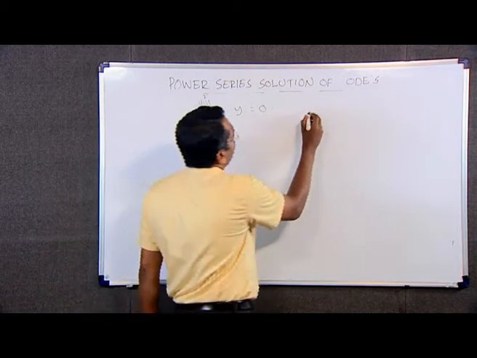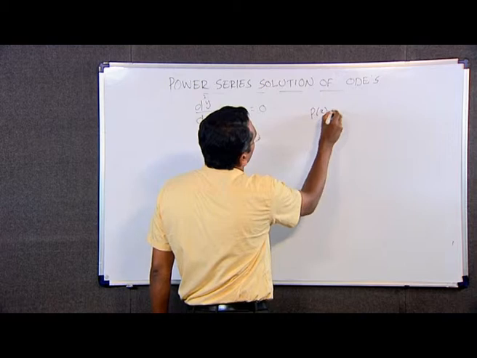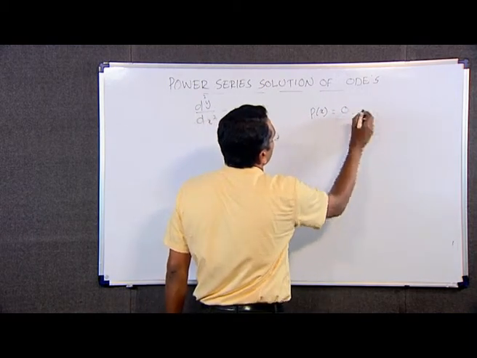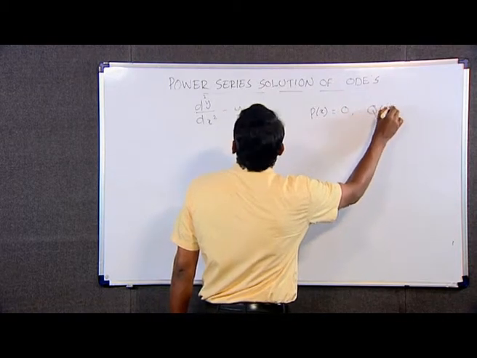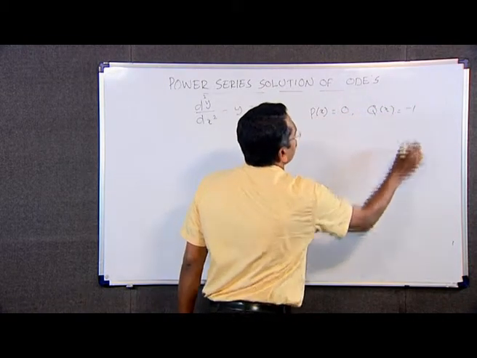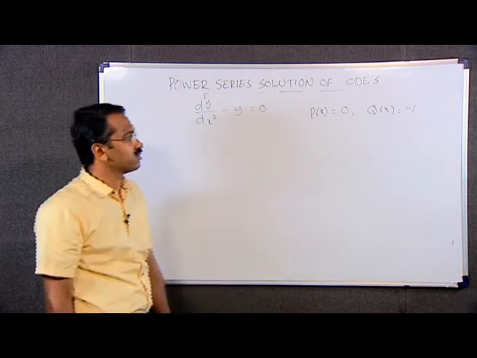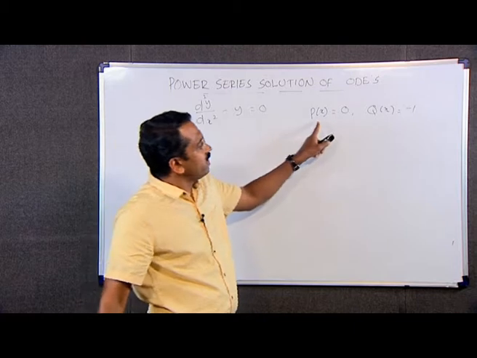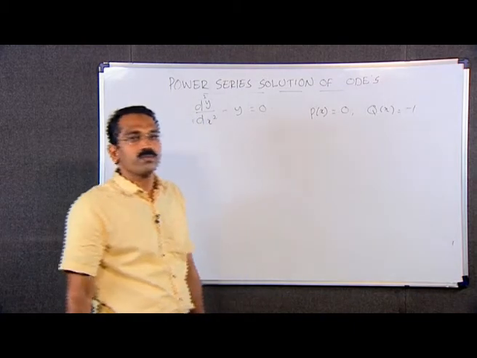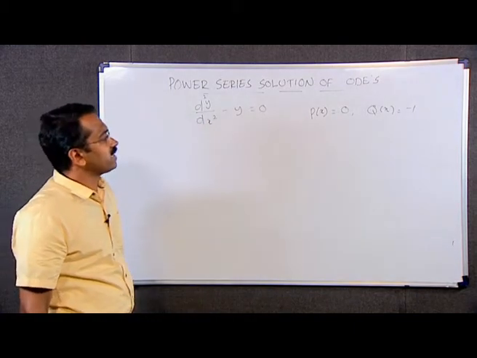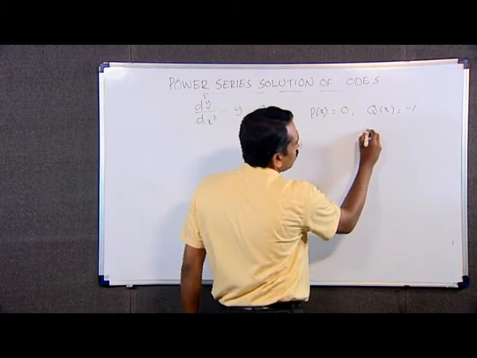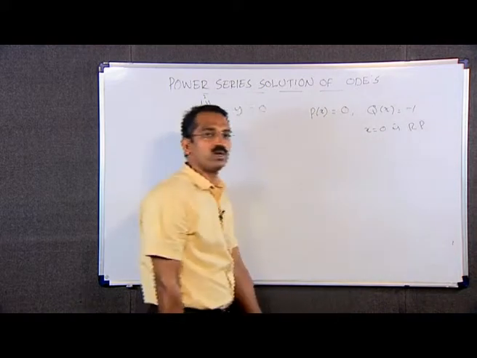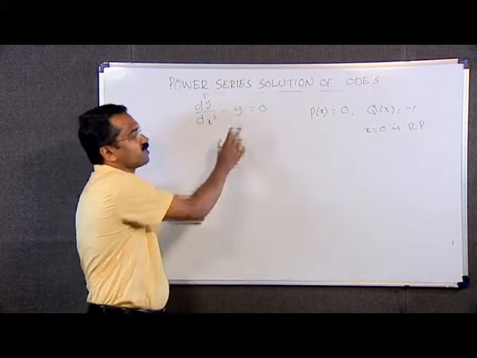Here p(x) is equal to 0 and q(x) is equal to minus 1. Both are analytic. That means both are analytic at x equal to 0. Therefore, we can say that x equal to 0 is a regular point or an ordinary point of this differential equation.